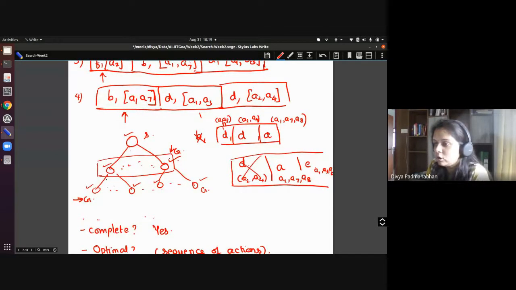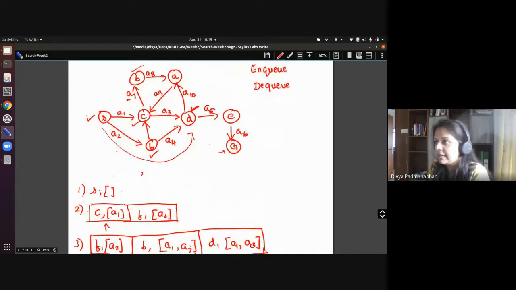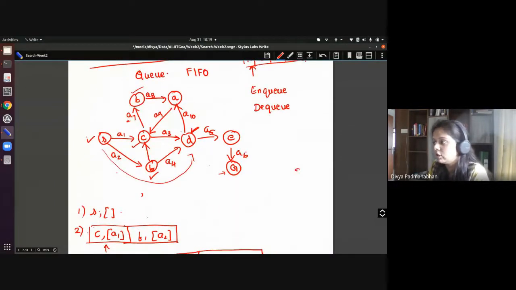So at any point of time in the queue, you will have the entire level, right? See the queue that we had. We had S, then we had C and F. So these are all the level one nodes, the depth one nodes. And at the next stage, what we had was all its children. So if you draw the search tree here, there was C, there was F. Now for C there is B, and what else?